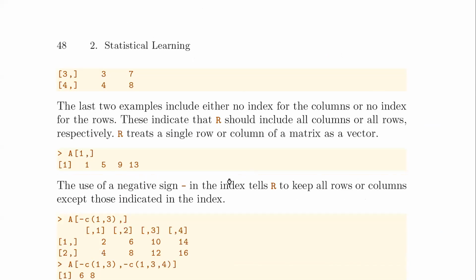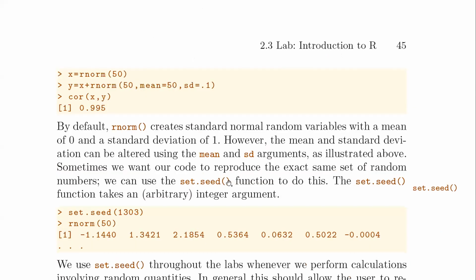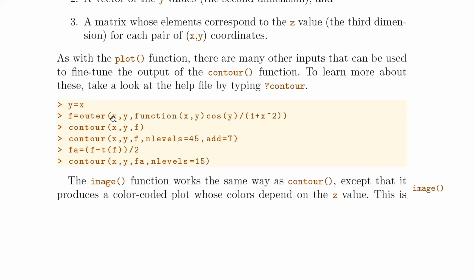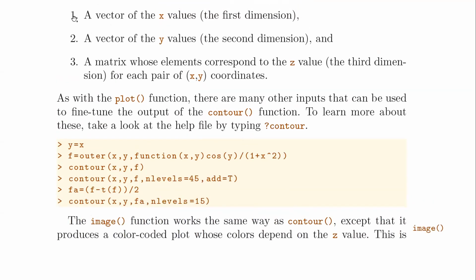I don't know what outer does, so this is going to be interesting. Let's see if we get it to work. I would imagine outer is going to create a matrix for the simple fact that we've just read that contour needs 3 inputs. Apparently, we're taking x, y, and f, and the f is a matrix. So let's have a look.